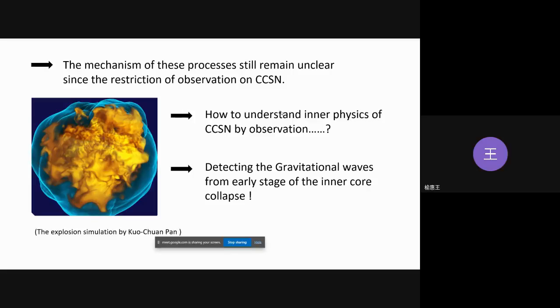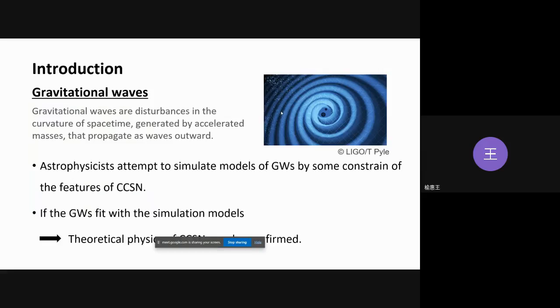Next page. Gravitational waves are disturbances in the curvature of space-time, generated by accelerated masses and the masses' quadrupole moment. So when the core collapses, gravitational waves propagate.